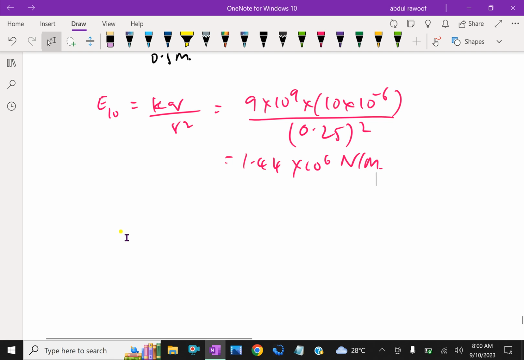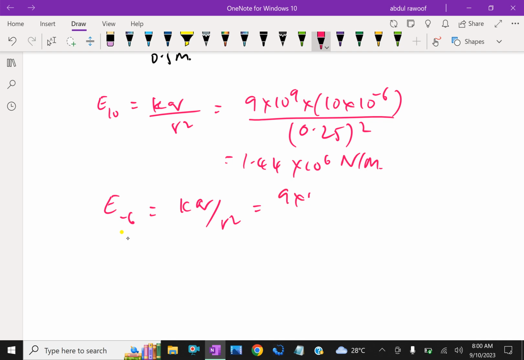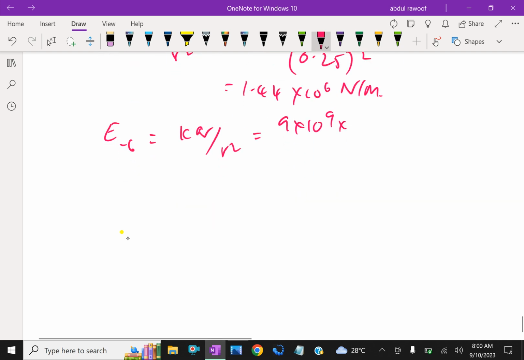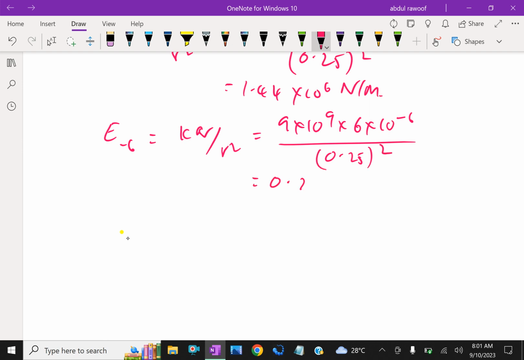Similarly, for the minus 6 microcoulomb charge, E of minus 6 is the same, K Q over R squared, that is 9 into 10 power 9 into 6 into 10 power minus 6 over 0.25 squared, which gives 0.86 newton per meter.